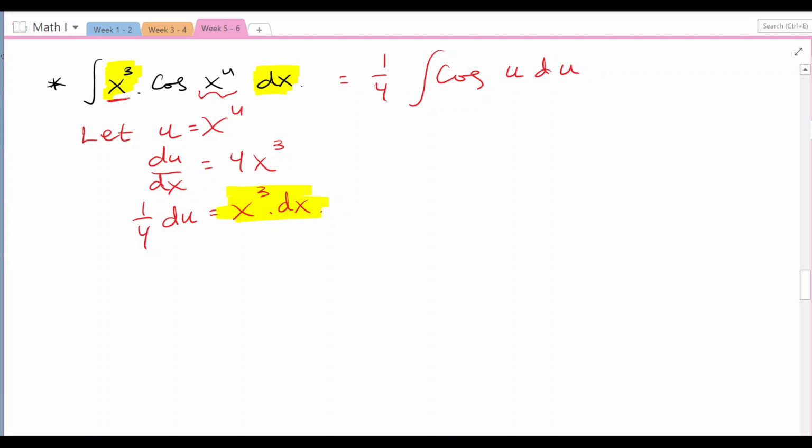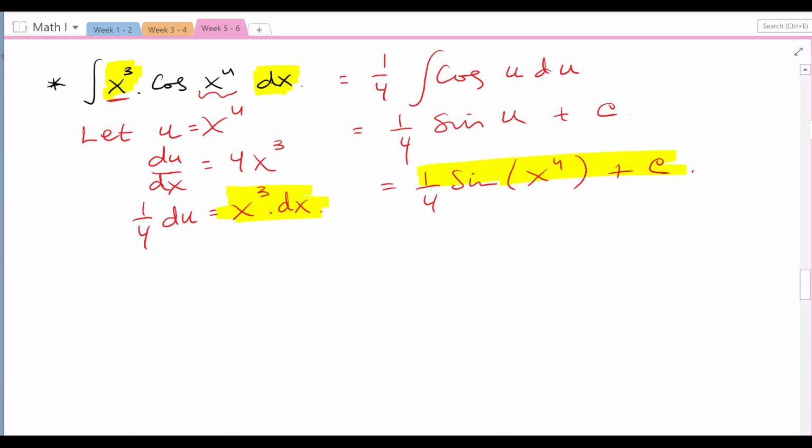We already took 1 over 4 out, so we only end up with the integral of cos u du, which is the integral of cos is sine, so 1 over 4 sine u plus c, and then put our u back: 1 over 4 sine x to the power of 4 plus c. This is our final answer for the problem.